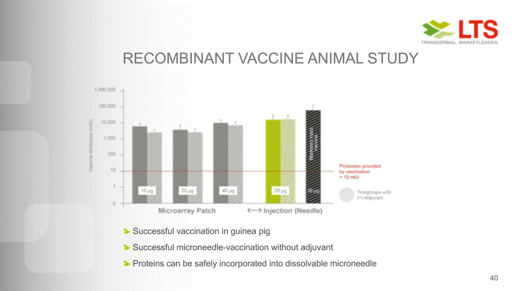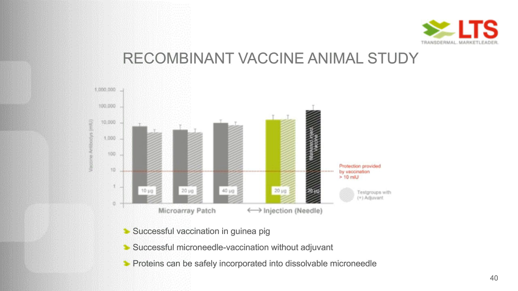In the graphic, there's always a solid column and a striped column. The striped column was always a test group with an adjuvant, and the solid column is without one. And you see there's no significant difference. So in this case, we didn't need an adjuvant to reach the same levels.